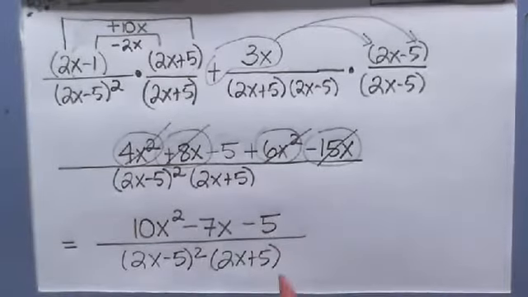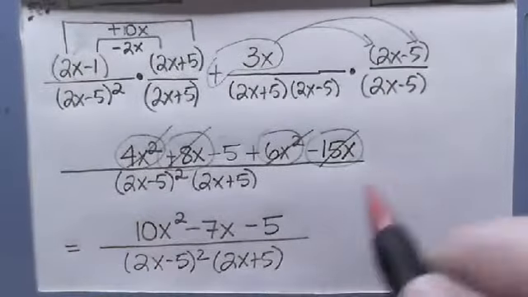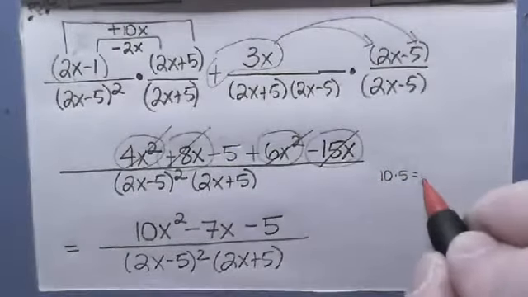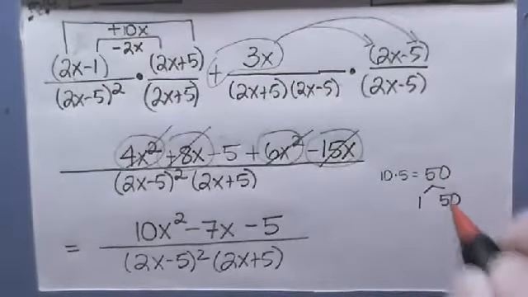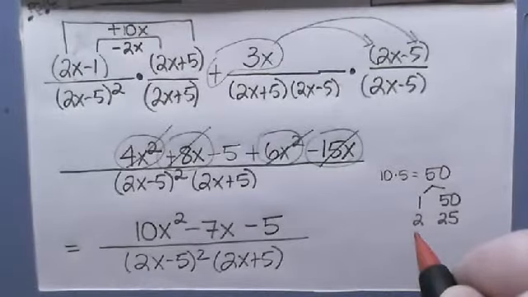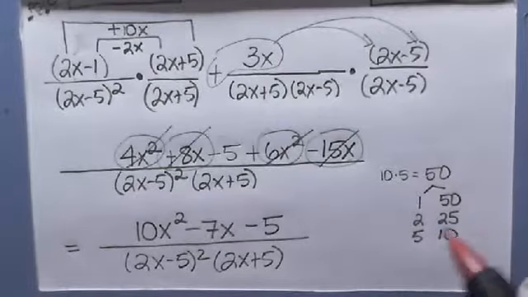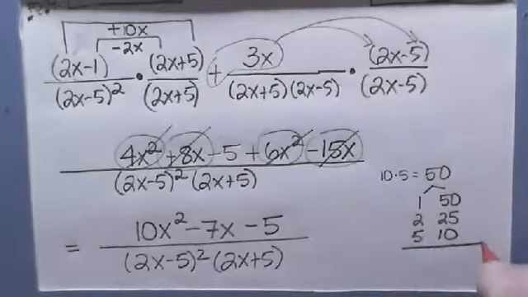So the last question is, can we factor by multiplying the first times the last? So let's see. 10 times 5 is 50. What numbers give me 50? 1 and 50. 2 and 25. 3 does not go, 4 does not go, 5 and 10. 6, 7, 8, 9, 10's already there, so we're done.